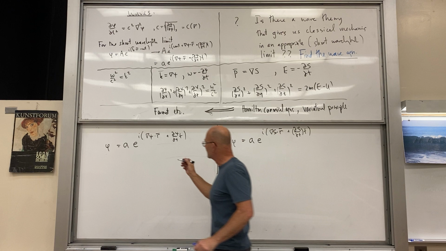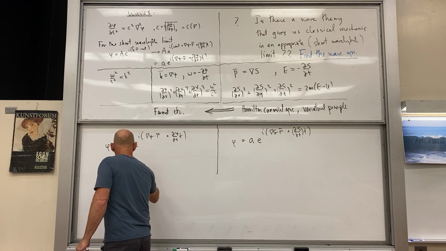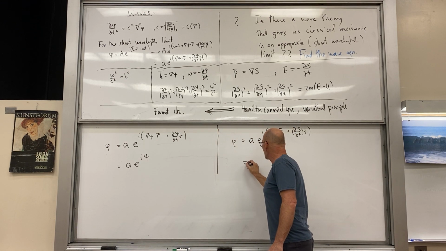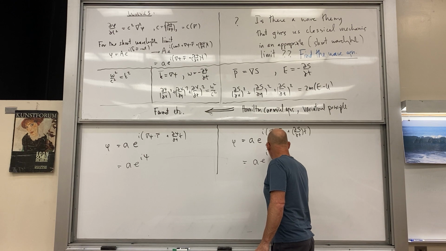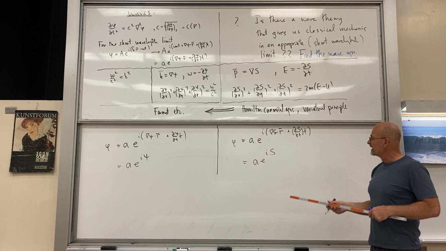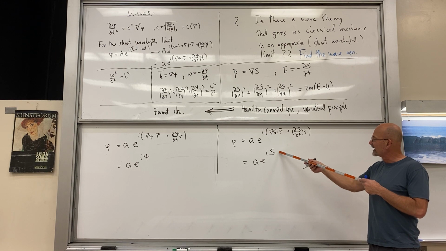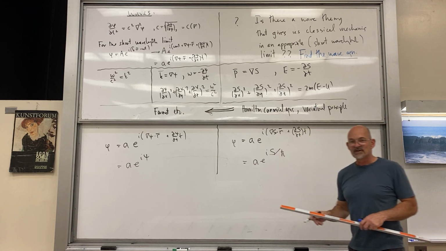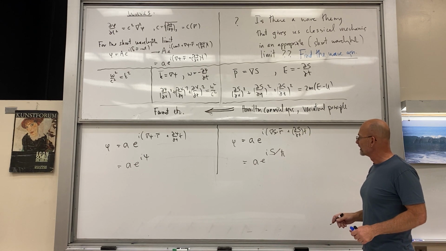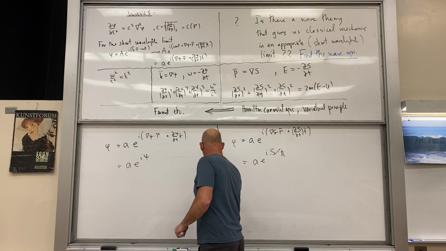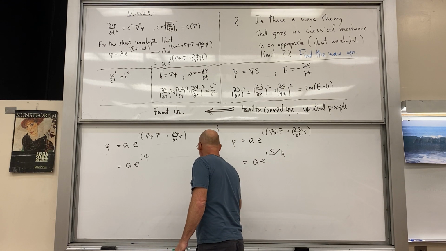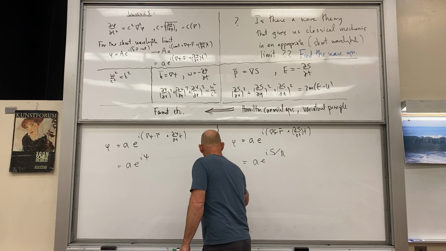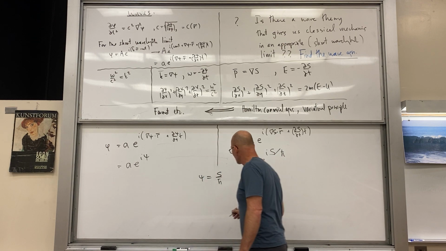That means that this object has to be proportional. Well, we'll write it this way: phi equals a e to the i c, which is where that expansion came from. Over here, we have to have a e to the i S. We need a universal constant that'll make this dimensionless, and that constant just happens to be h bar. Okay. So what you have out of this, by the way, is c equals S over h bar, right?